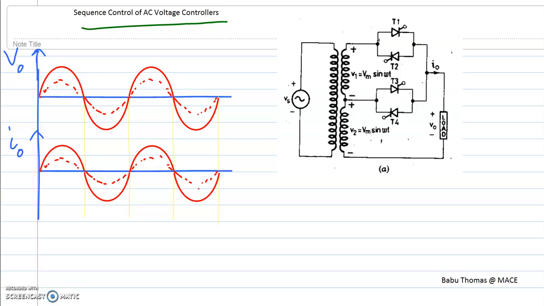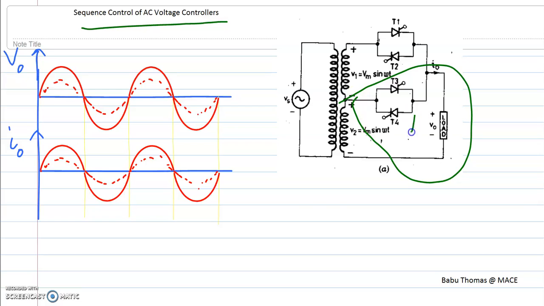So earlier we were having only this circuit, that is one set of thyristors connected anti-parallel and connected to the load. And here sequence control means we are trying to employ more stages of voltage controllers, and they are triggered in a proper sequence one after the other so as to obtain a variable output voltage with low harmonic component.